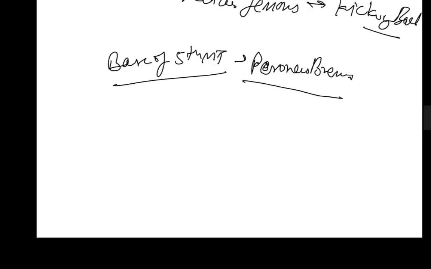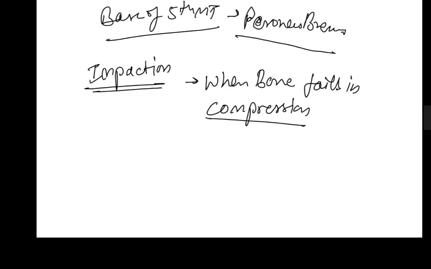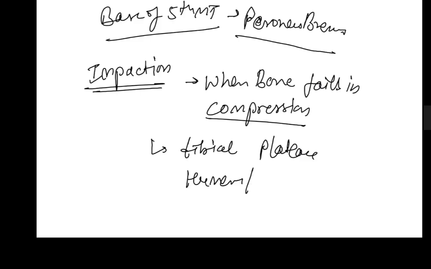The other one is impaction fracture. Impaction fracture occurs when bone fails in compression. These are seen at the tibial plateau, humerus, or neck of femur.